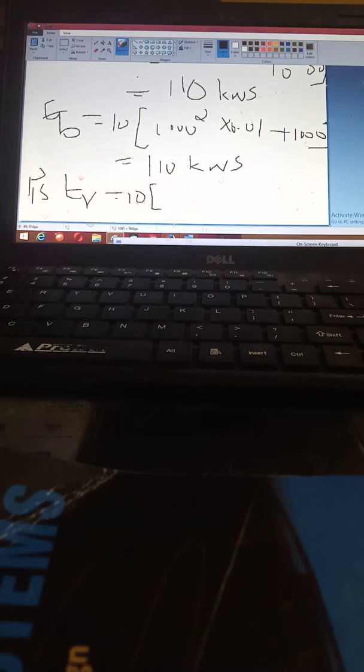When the running happens at full load, 500 is the current, into 0.01 plus again core loss 1000. So this will come 35 kWs. I hope you understood. Now I will go for idling interval. We don't have to consider the idling interval.